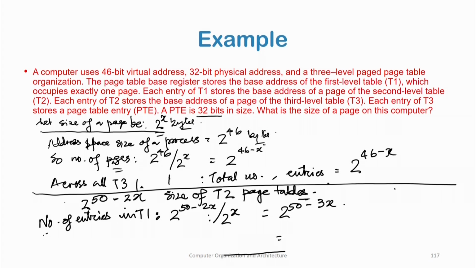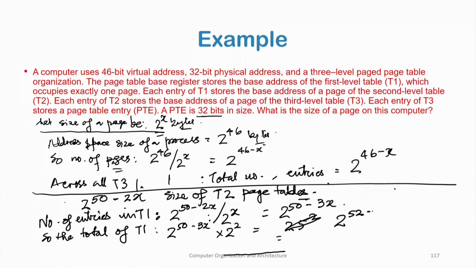So, the total size of T1 is given by 2 to the power 50 minus 3x into 2 to the power 2, which equals 2 to the power 52 minus 3x.